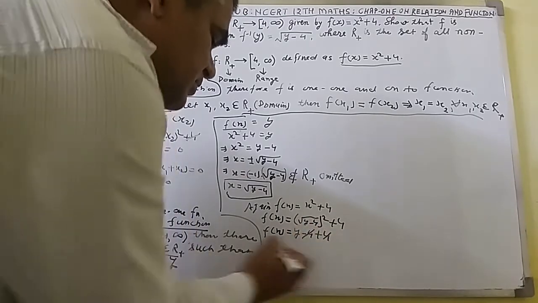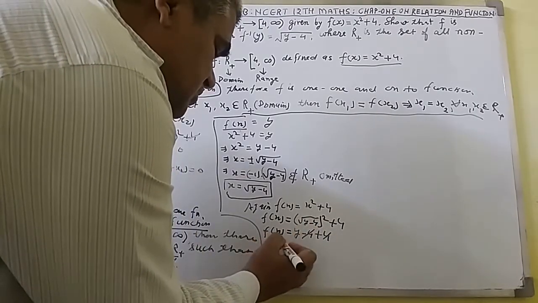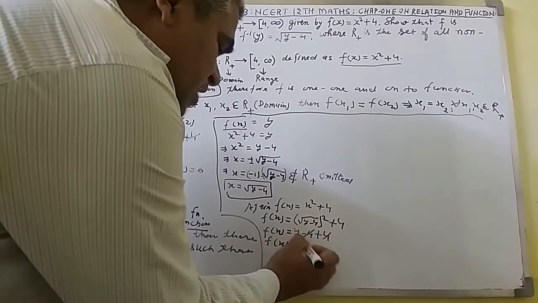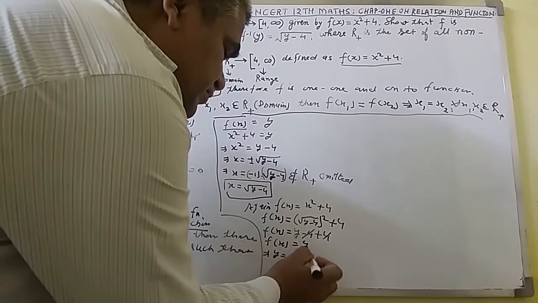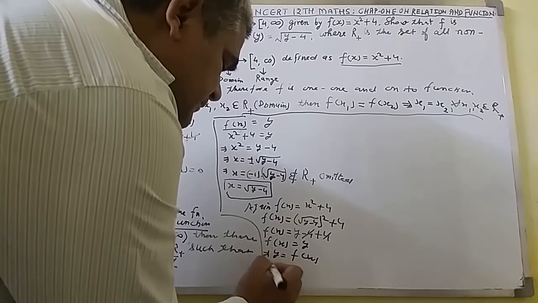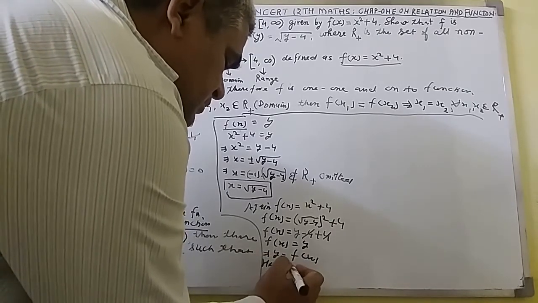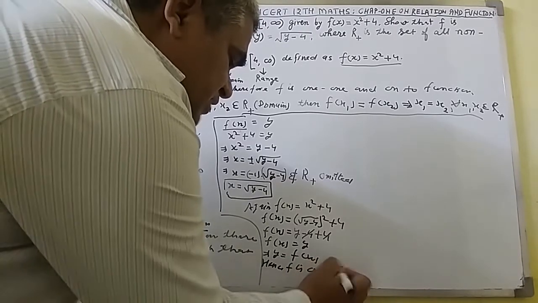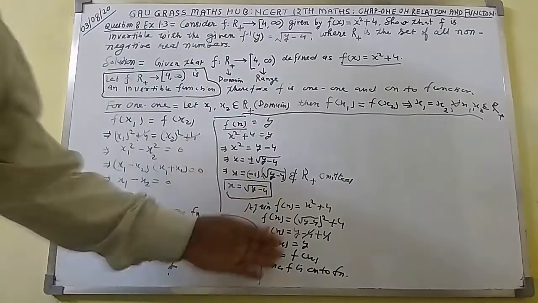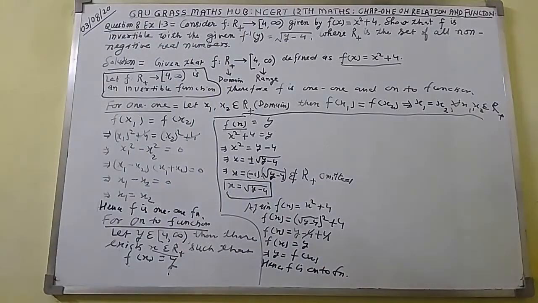This 4 will be cancelled out. You will get here f(x) equal to y. So I shall write y equal to f(x). Hence, f is onto function. So here I have proved f is onto function.